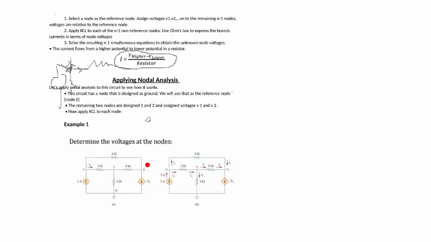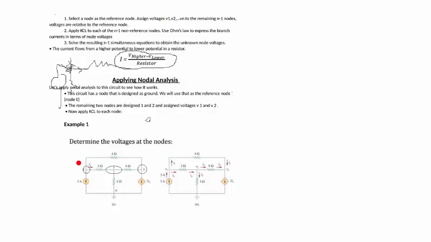Let's say a question is given. It says determine the voltages at nodes. This is node 1, node 2, and node 3. Going back to our steps: select the reference node, assign v1, v2, v3, which I have just done.